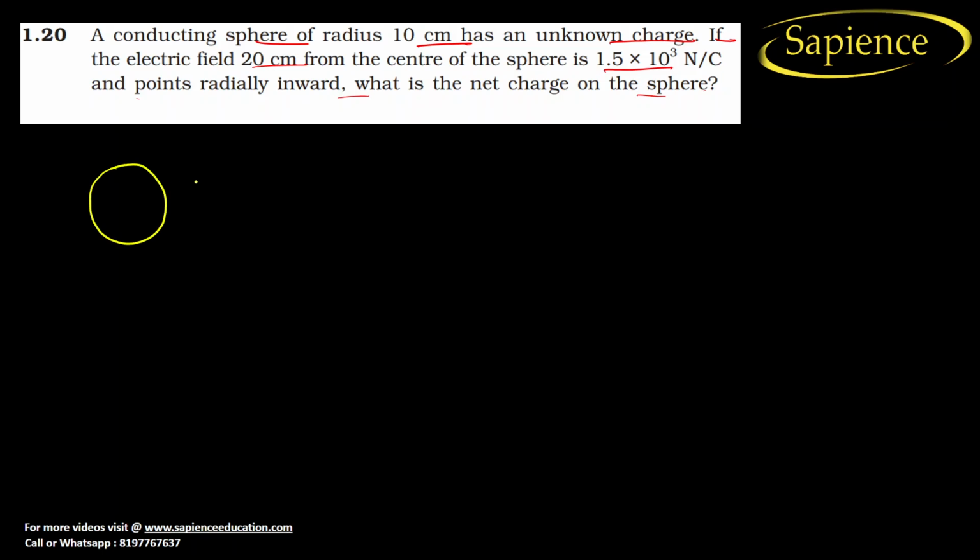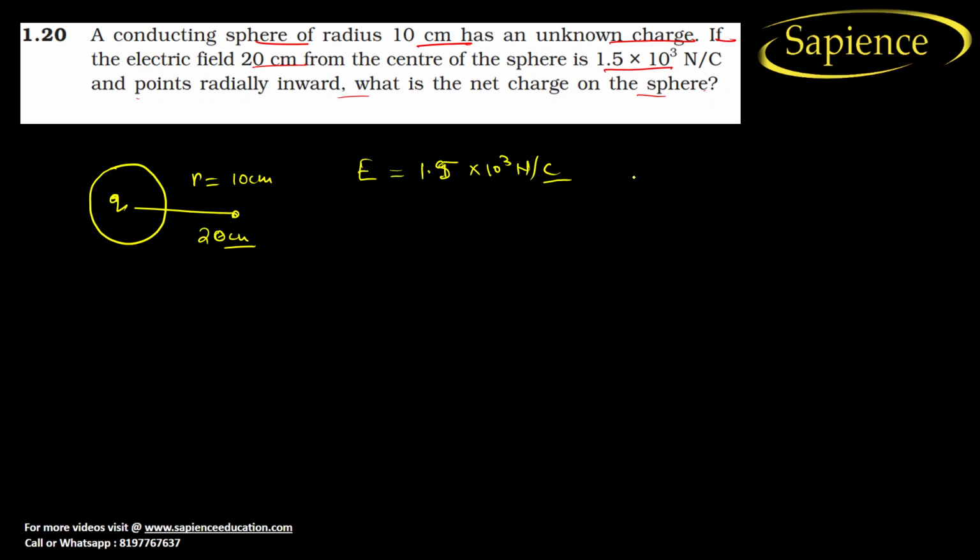There is a conducting sphere of radius 10 centimeter and it has an unknown charge. Let us suppose the unknown charge is q. They have given the electric field at 20 centimeter as 1.5 into 10 to the power cube Newton per coulomb.